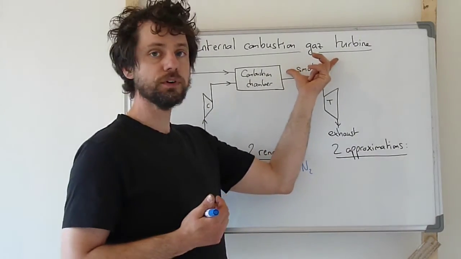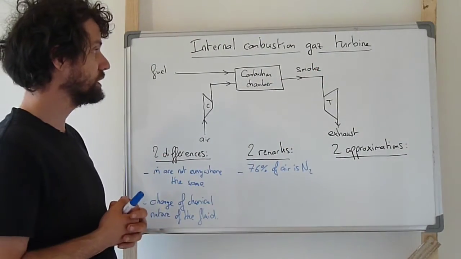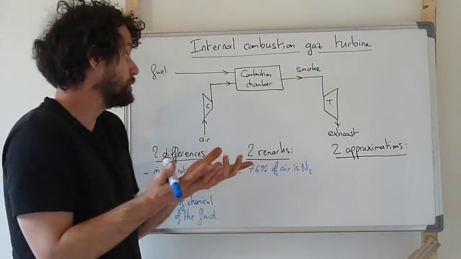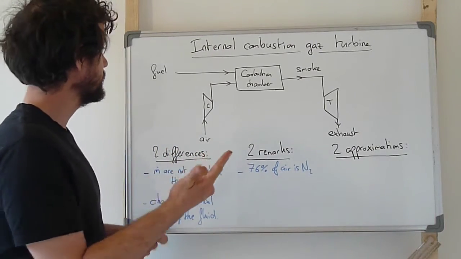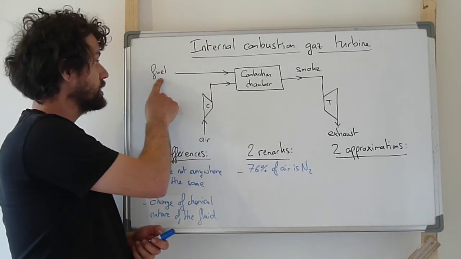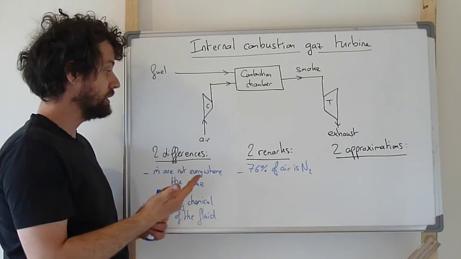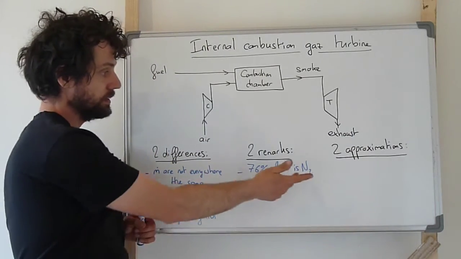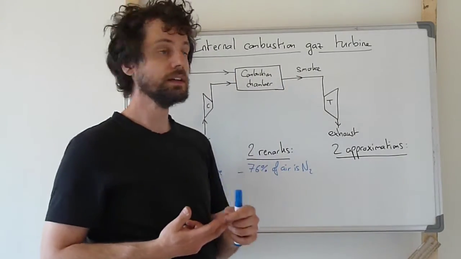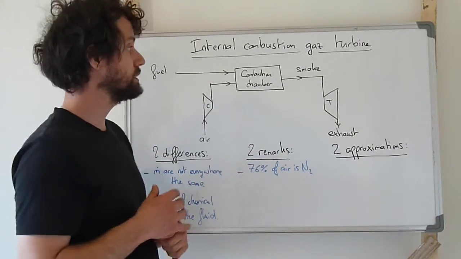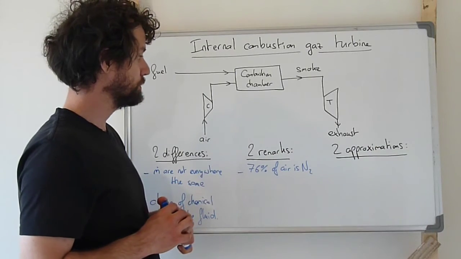So in the smoke there will be no more dioxygen. What is present in the smoke is mostly CO2 and water that comes from the carbon and hydrogen of the fuel, and then there will be the nitrogen that was unreacted as main components of the smoke.